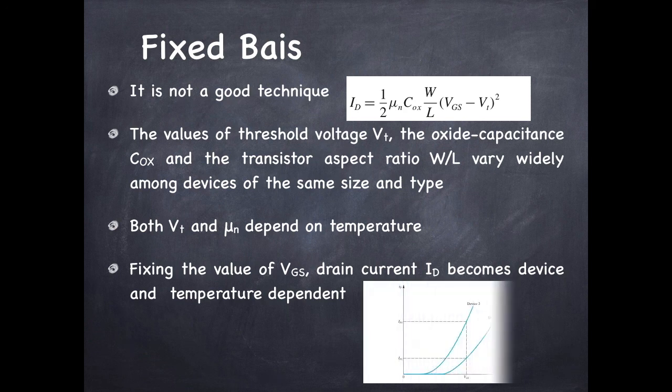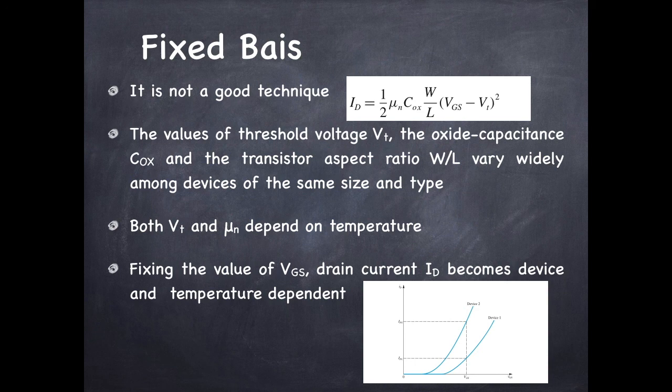You can see the graph here. What does that mean? If I design a circuit for a particular device, taking into consideration all the parameters of the device, I fix all the values, the resistance values, the VDD value, and if I change the device and use another transistor of the same size, the parametric variations, the values like mu n Cox or W by L or the threshold voltage, they vary from device to device, and the drain current changes.